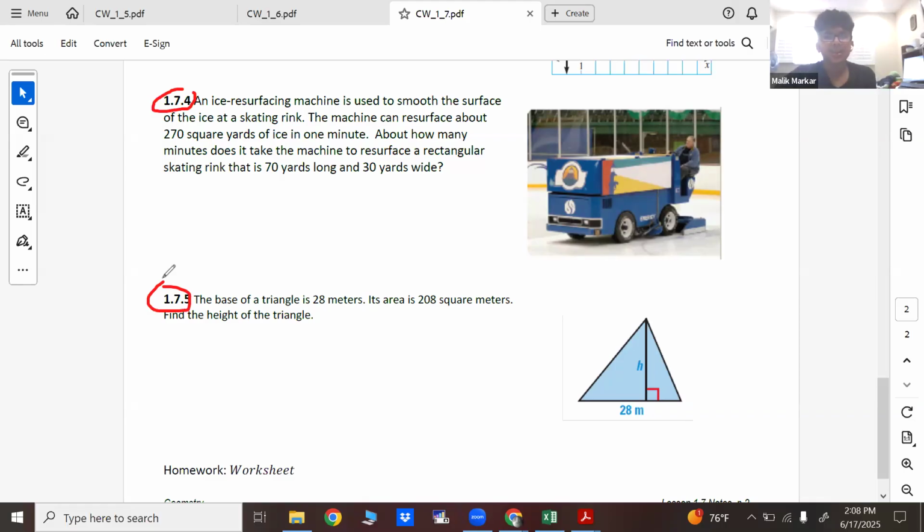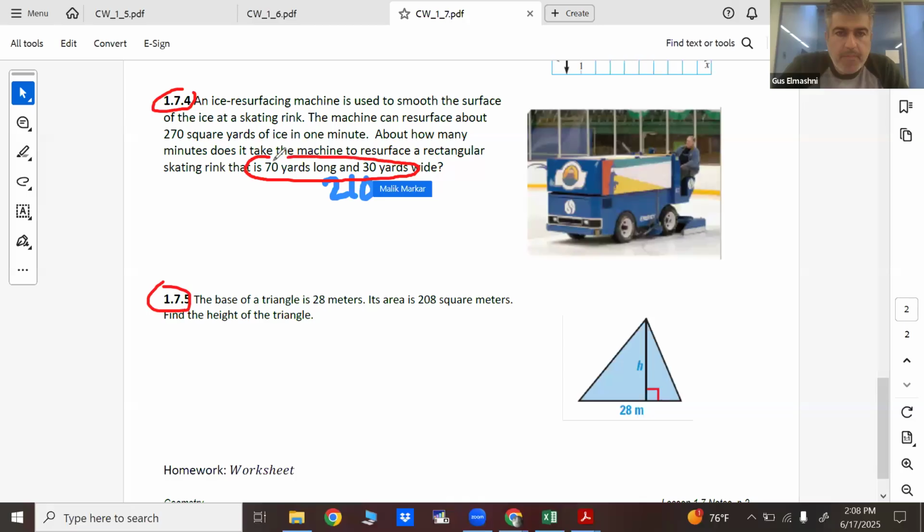But the machine can resurface 270 yards in 1 minute. So obviously, how many minutes? Let's find the area first, right?